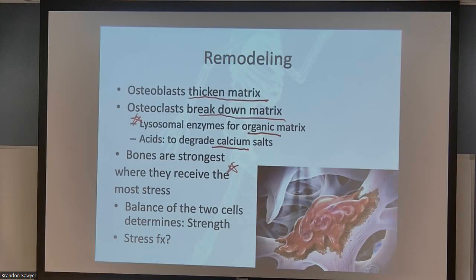But the deal with a stress fracture is when we do something like go out for a run, right? That puts a lot of stress on our bone, but that stimulates our osteoclasts to actually break down some of that bony tissue. And then our osteoblasts come in and rebuild it back up a little bit stronger, right? That's kind of the normal process.